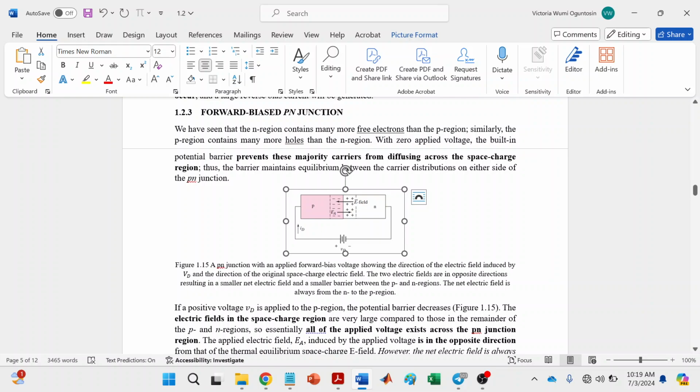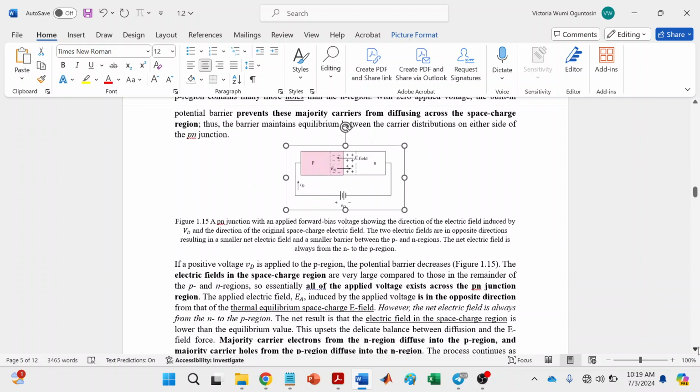So we consider the forward bias case as I said previously. Now a negative voltage is applied to the N region and a positive voltage is applied to the P region. In the space charge region, there's already an electric field, and it is large already, because at equilibrium there's an electric field in the space charge region.